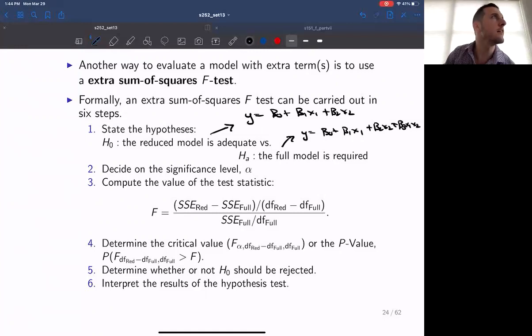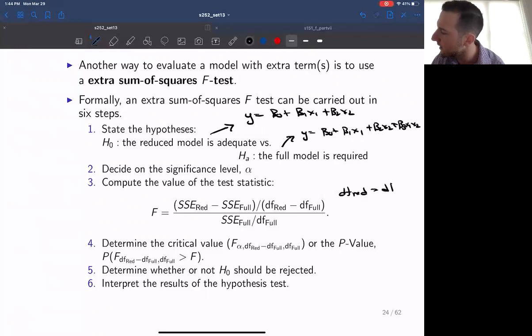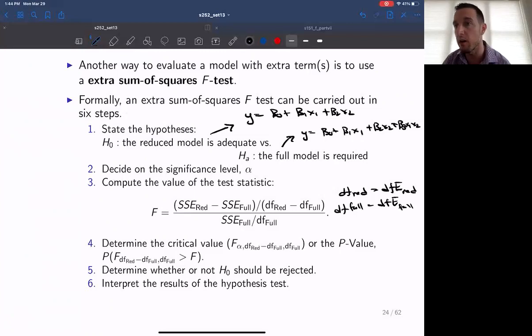I believe that second DF full is the error DF for the full model. So in all cases, these are error degrees of freedom: DF reduced equals DFE for the reduced model, and DF full equals DFE for the full model.